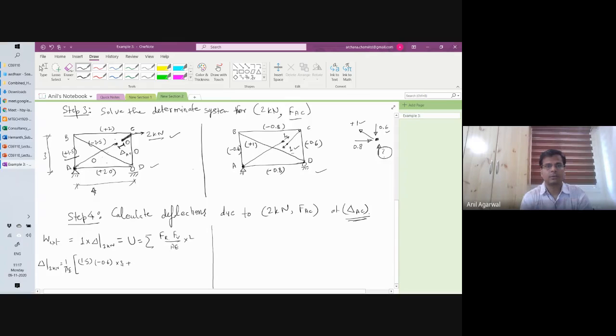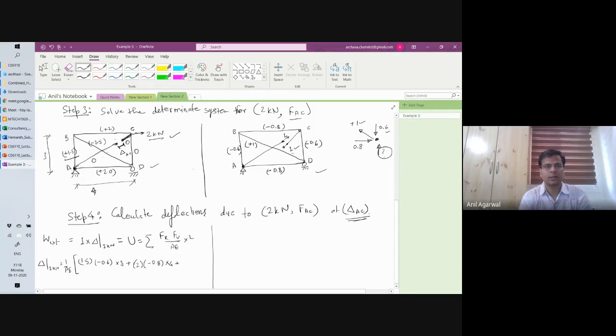Plus, for the other member, DC, it is plus 2 and minus 0.8 multiplied by 4. Plus, the diagonal member has 0 force here. AC has 0 force here, so I won't have to worry.